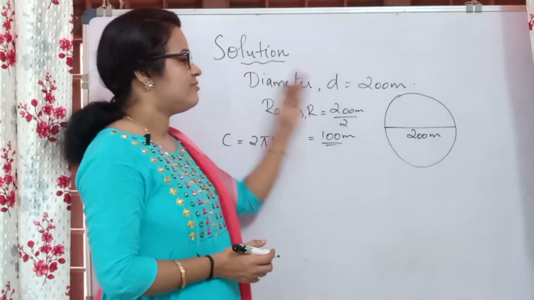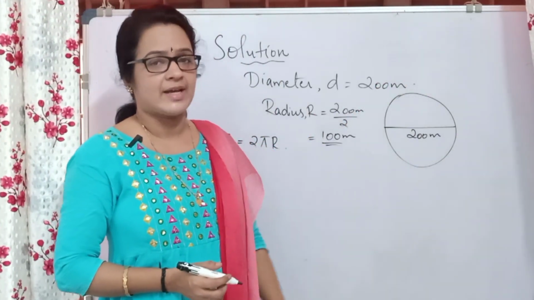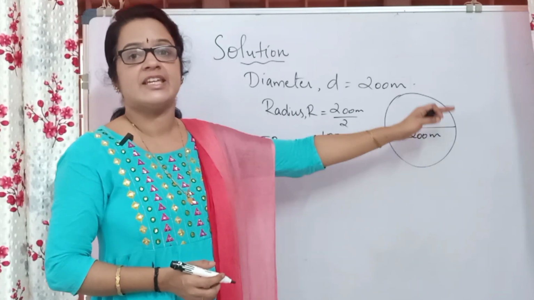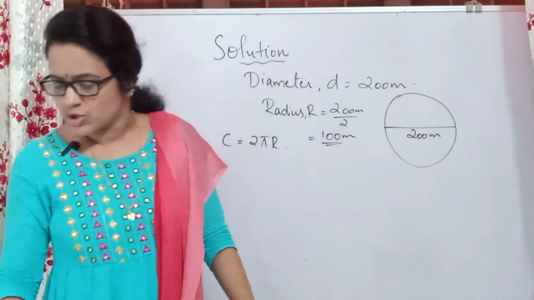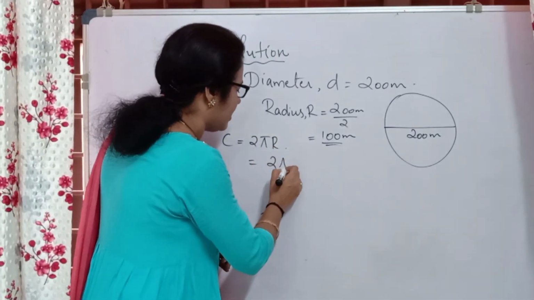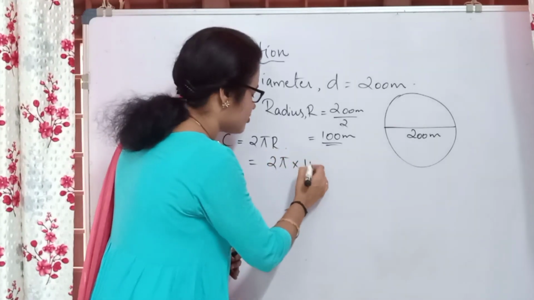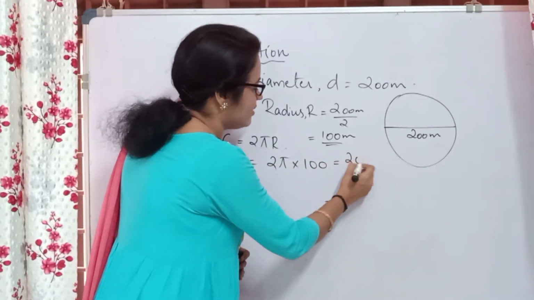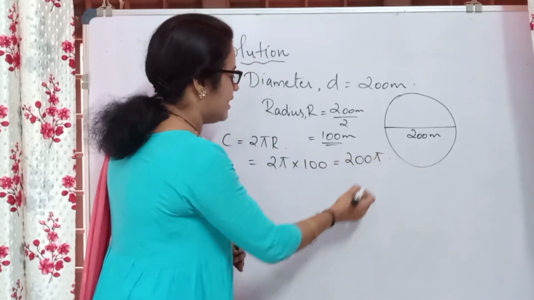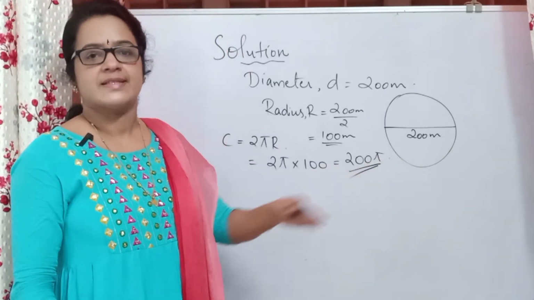For completing one circle, he is taking 40 seconds. So we can find the circumference first. That will be equal to 2 pi into the radius, which is 100. So that is 200 pi. That much is the circumference of the circle.